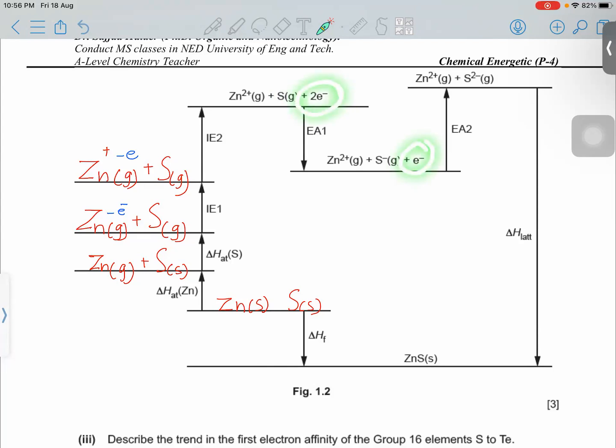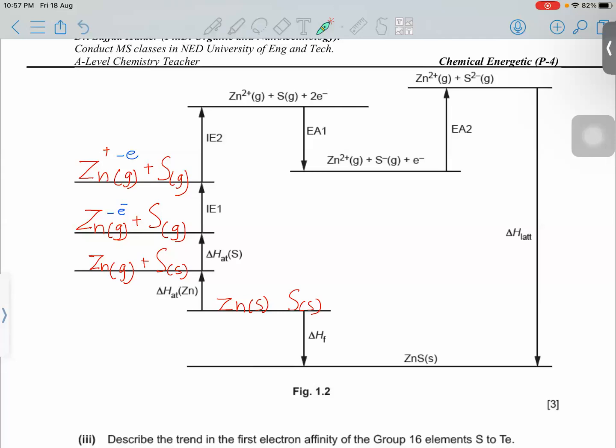Either way, whether the electron removal from zinc is shown or not, it doesn't matter, but the cycle remains the same in each case. In this case, you have two electron affinities. First electron affinity is downward, second electron affinity is upward. Are you getting my point? Are you confused about these two lines? No, sir, that's clear.